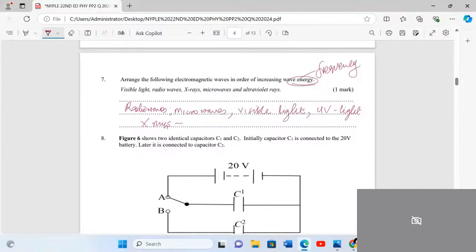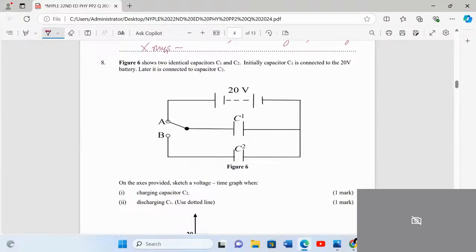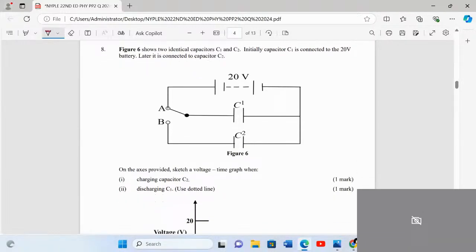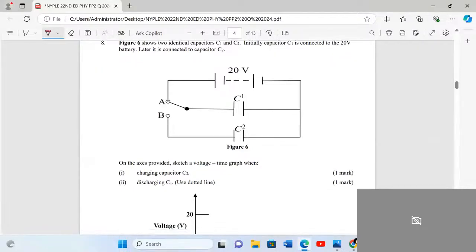increasing wavelength as well. In question 8, the figure below shows two identical capacitors, C1 and C2. C1 is connected to a 20 volts battery. Later on, capacitor C2 is connected.